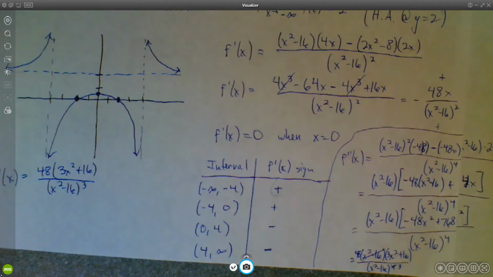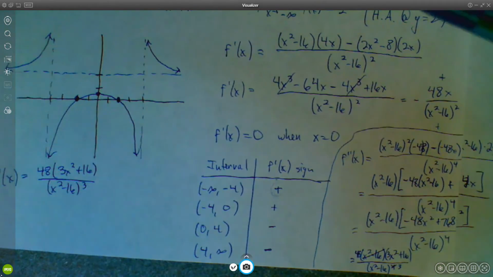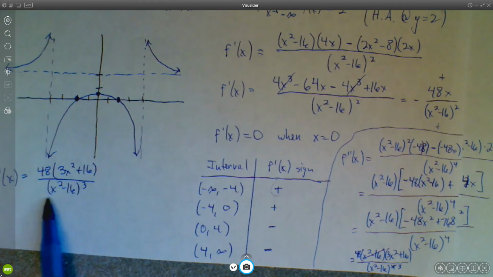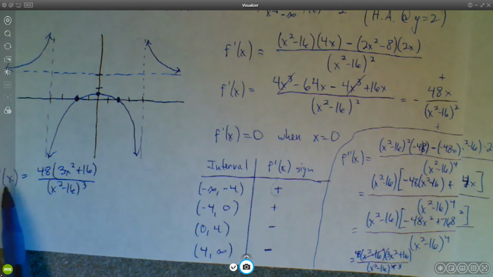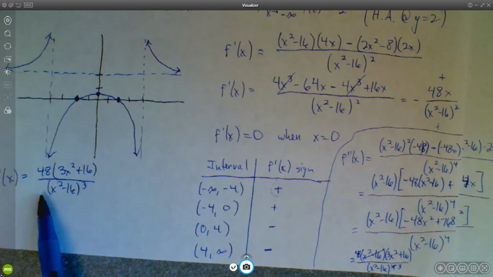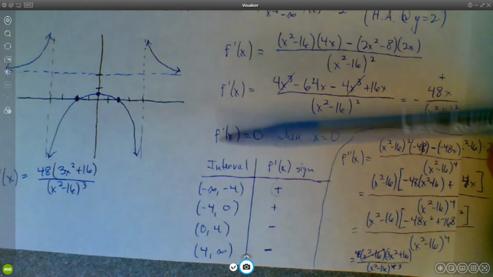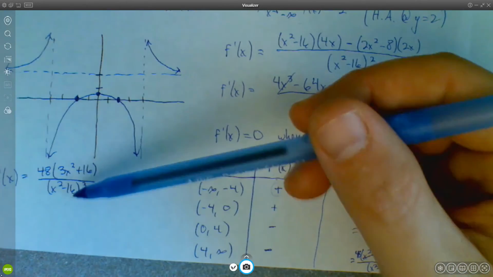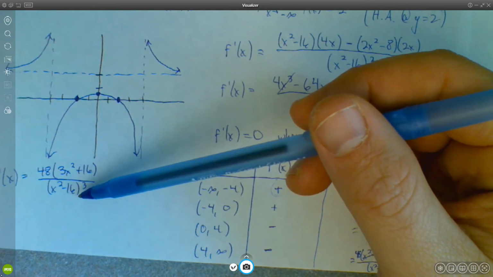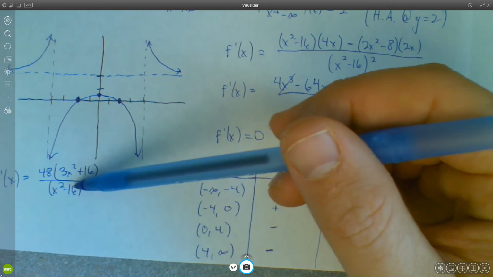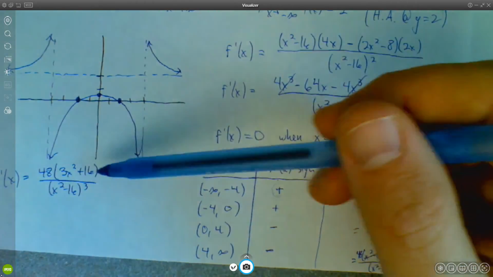Very good. Now, what does that tell us about inflection points? It tells us that we don't have any. Because you're going to get inflection points wherever the second derivative is equal to 0. And that would happen if the numerator is equal to 0, right?